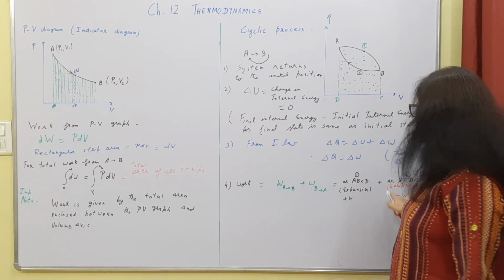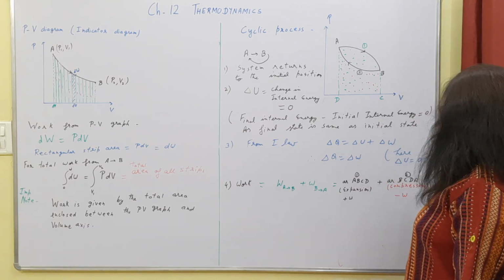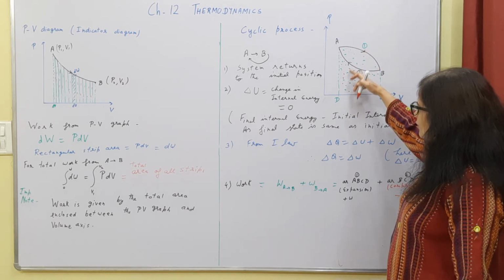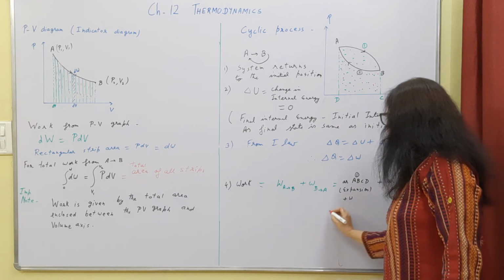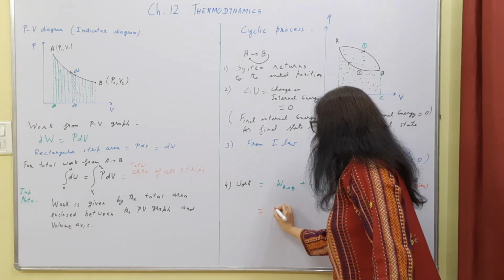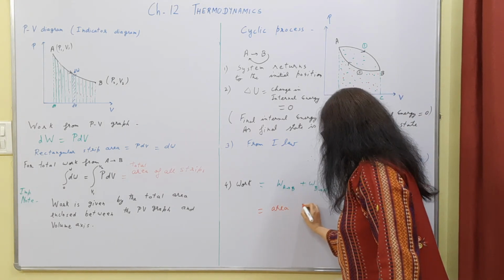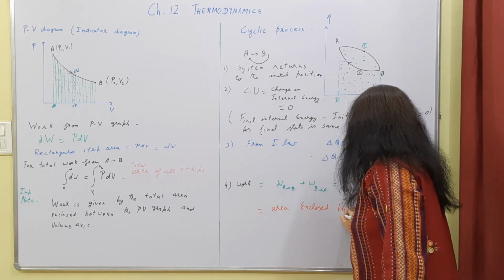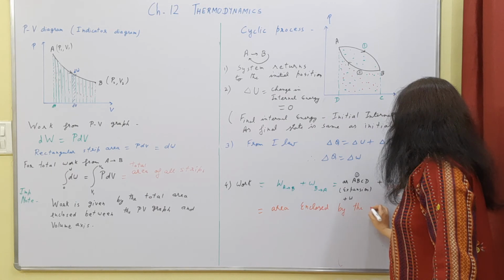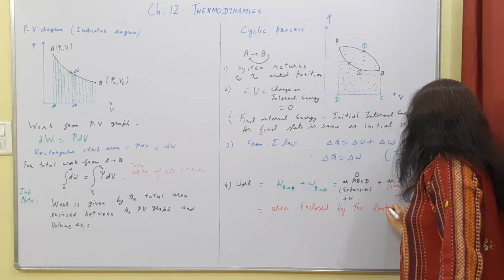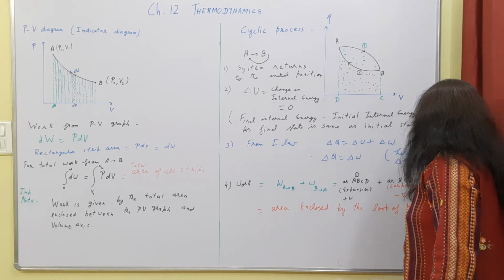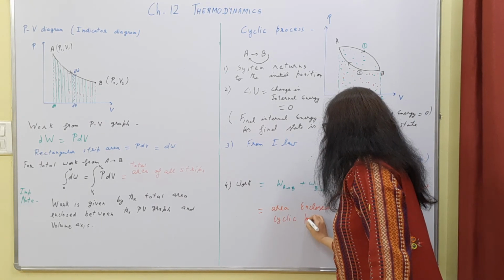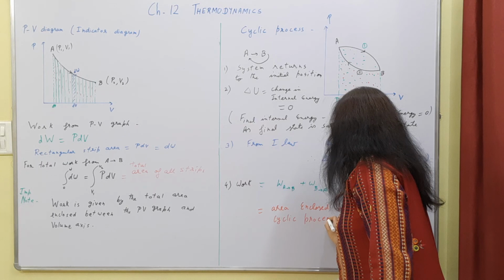So this quantity is plus, this quantity is minus, and overall there will be subtraction. So this is equal to the area enclosed by the loop of the cyclic process.